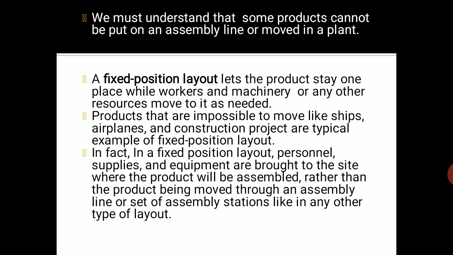At that time, whatever resources you require, maybe the cranes, the digging machinery, the workers, whatever resources we may be using for building the bridge, then these resources come to the product and the product remains as it is. So typical examples of fixed position are ships, airplanes and construction projects.